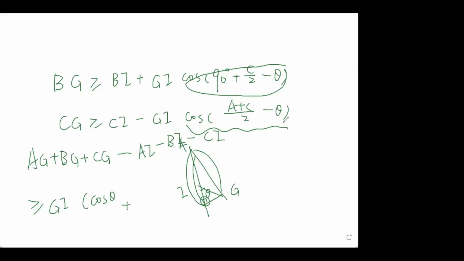It's just heavy trigonometry bash. The essence is you can write cosine of 90 degrees plus half of C minus theta, and here is cosine of A plus C over 2 minus theta.